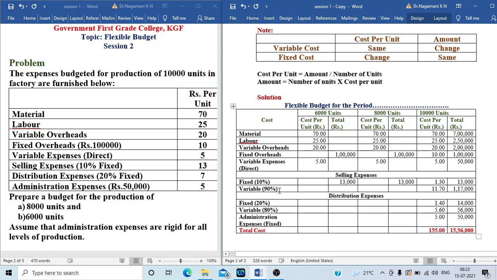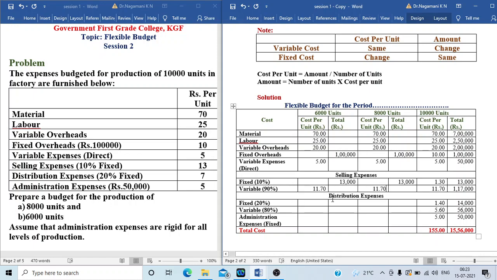Then under selling expenses variable is 90%. Always variable cost per unit will remain same. So variable cost per unit is 11.70. That we need to enter for 6000 units as well as for 8000 units.